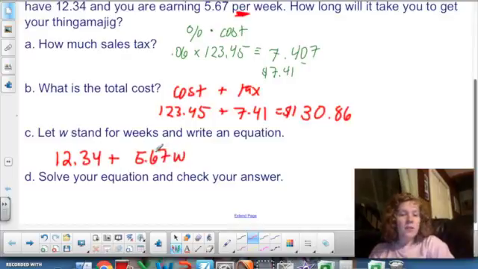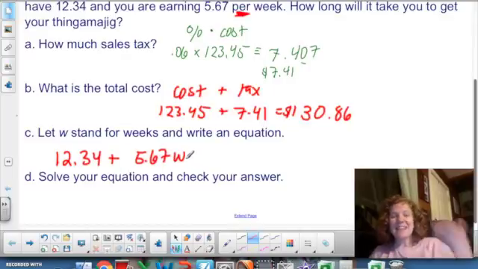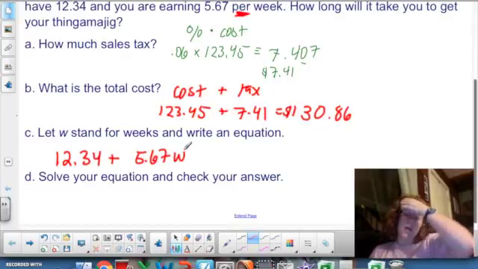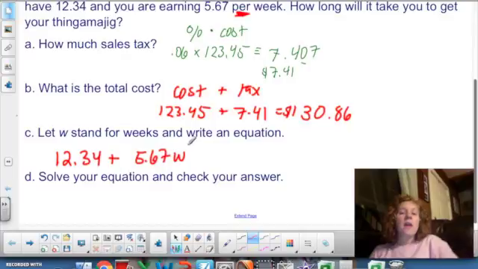So if 1 week goes by, then I'm just adding $5.67. If 2 weeks go by, then it'll be 5.67 times 2, that I'm adding to 12.34. So that's what's getting multiplied here is the 5.67 because it's the thing that's getting added repeatedly, which is what multiplication is. My total is going to be this total that we found in the previous step.